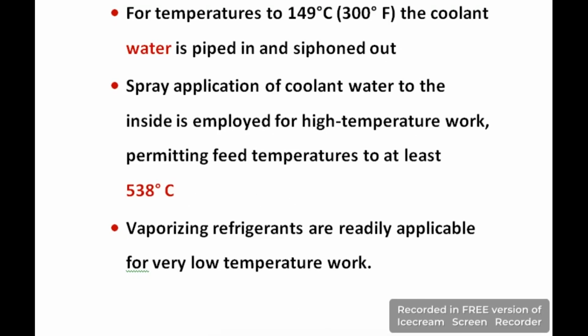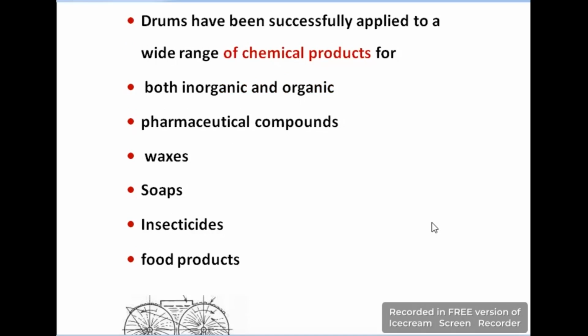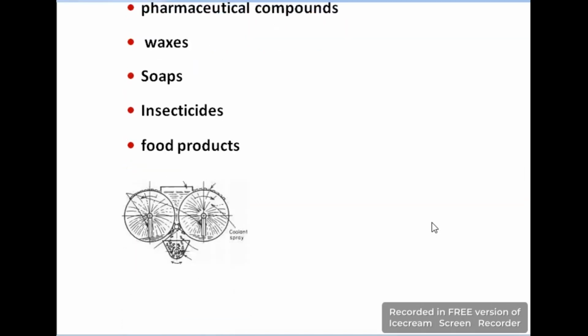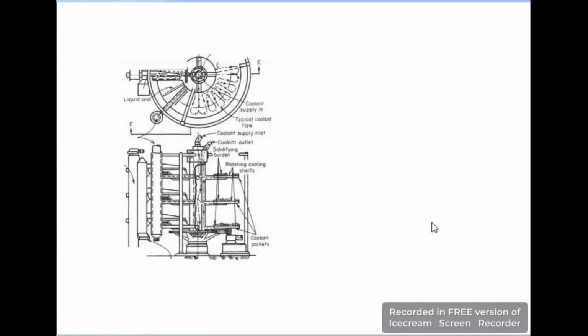Vaporizing refrigerants are readily applicable for low temperature work. These heat exchangers are applied for a wide range of chemical products, both inorganic and organic, like pharmaceutical compounds, waxes, soaps, insecticides and food products. You can see these heat exchangers in these diagrams.